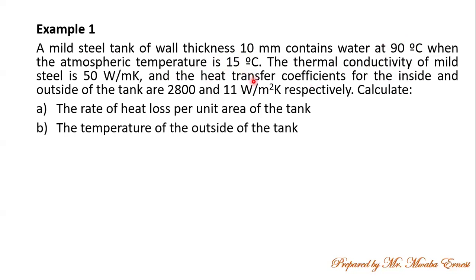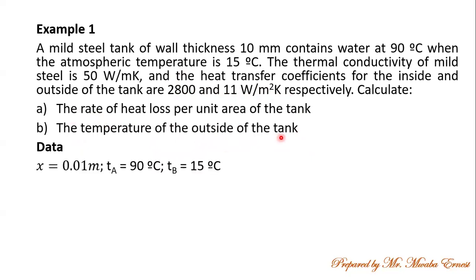Then thermal conductivity for mild steel, it is 50 watts per meter Kelvin. Then for inside where the water is boiling, inside the tank is 2,800. Outside the tank, it's 11 watts per square meter Kelvin. So what do we need? Let's calculate the rate of heat loss per unit area and also the temperature on the outside of the tank.